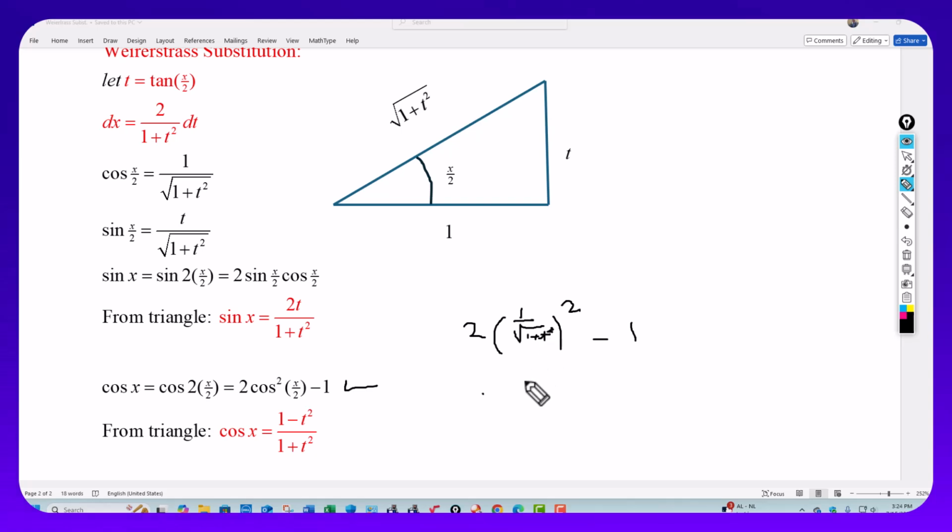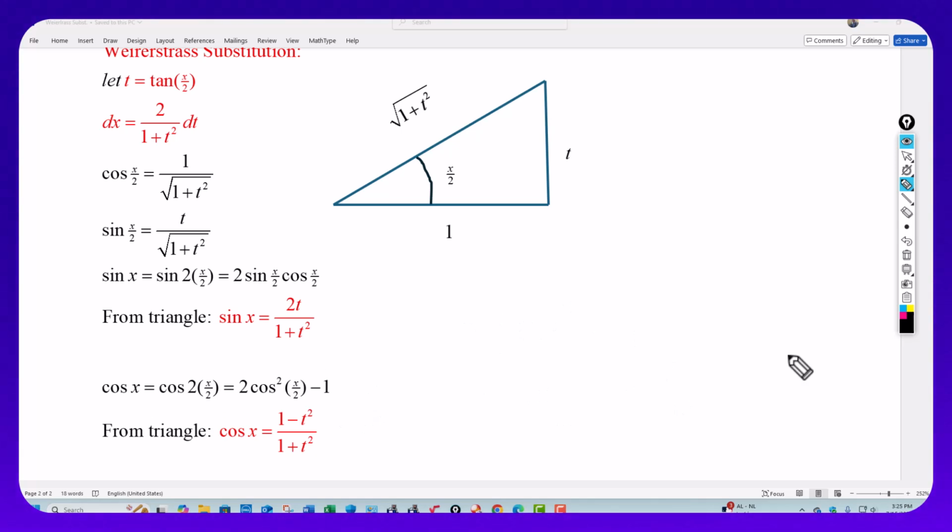So we're going to square this, so this will be 2 over, and square the radical, I'm left with 1 plus t squared. That's minus, need the same denominator, so I put 1 plus t squared here, and 1 plus t squared up here. Same denominator, so we can combine. 2 minus 1 is 1, and then we have the minus t squared. So we get that.